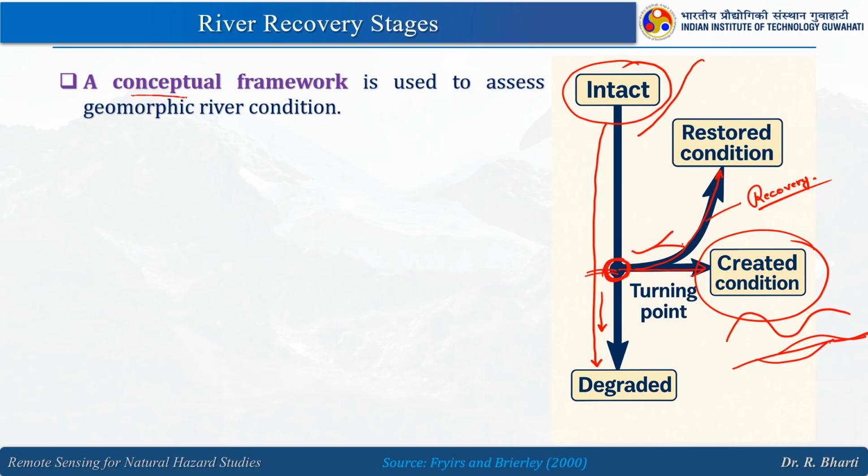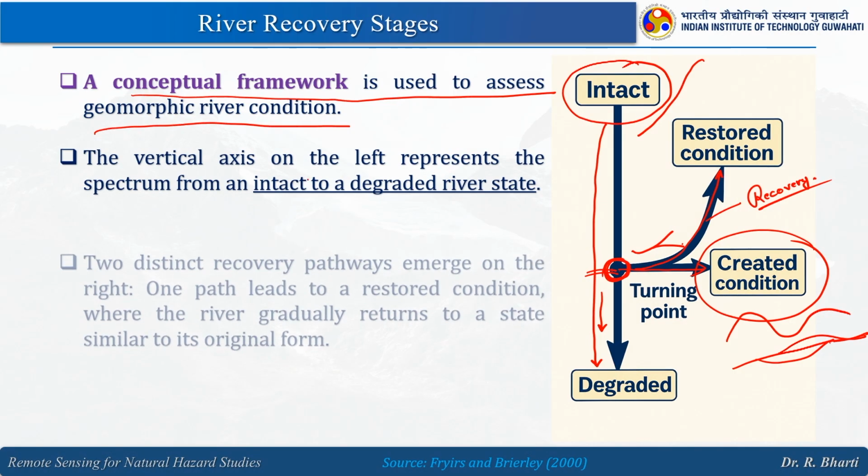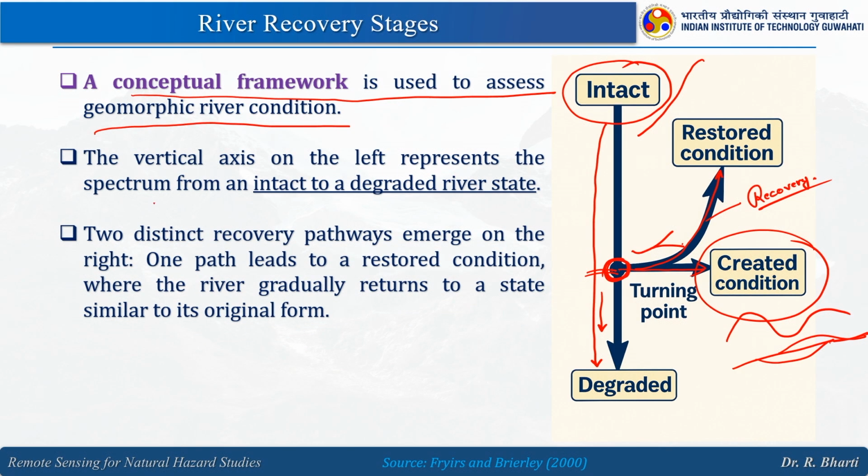So, this conceptual framework is used to assess geomorphic river condition. The vertical axis on the left represents the spectrum from an intact to degraded river state. Two distinct recovery pathways emerge on the right. One path leads to the restored condition, this one, and this gradually returns to a state similar to its original form.